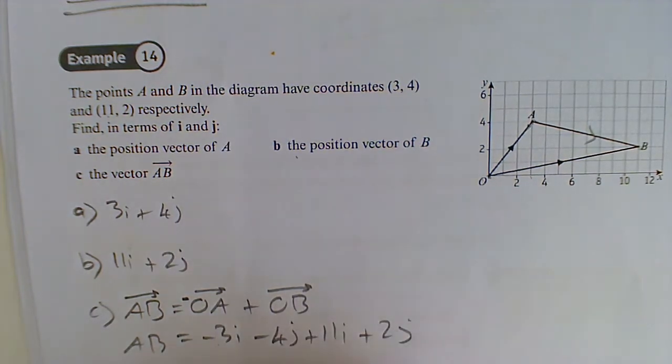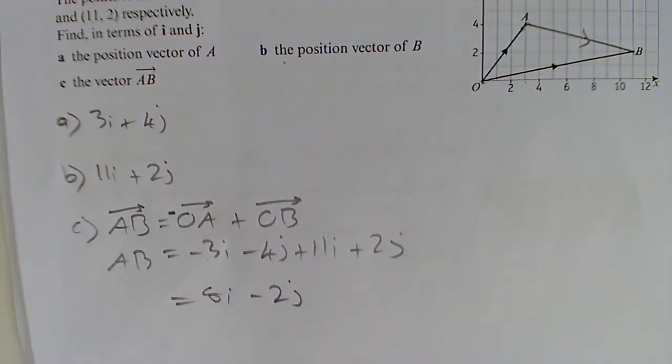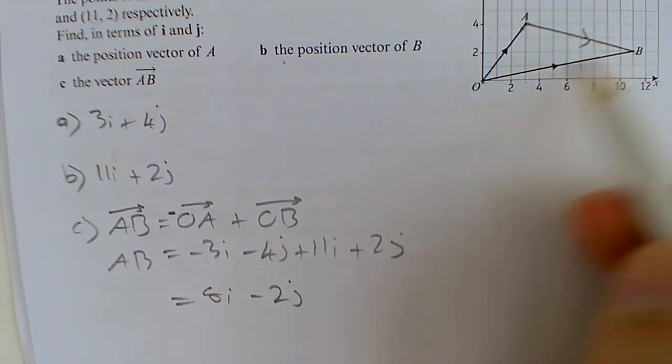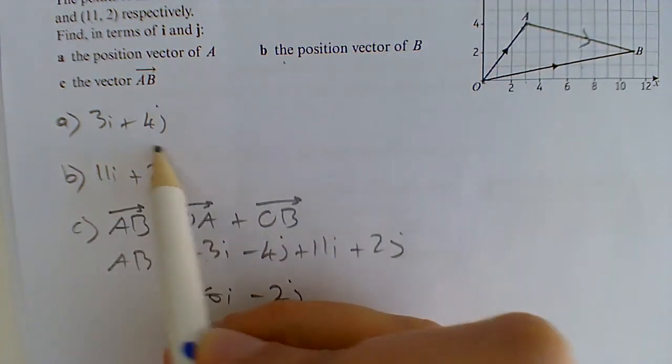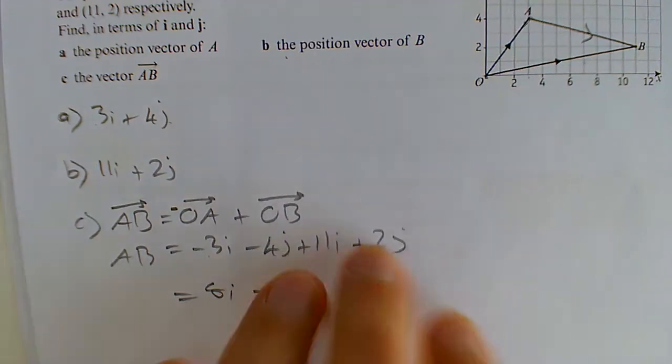Minus 3 and 11 give me 8i, and that gives me minus 2j. You could have written that the other way, by the way. I could have done B minus A if I wanted to. You'll get the same answer. But whenever you are doing the vector AB, it is the A part of it that needs to be negative.